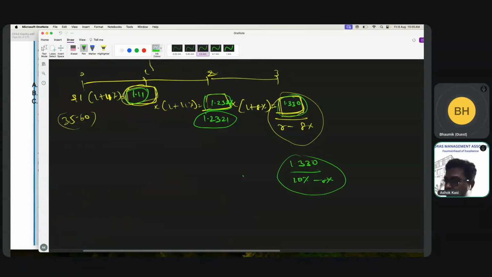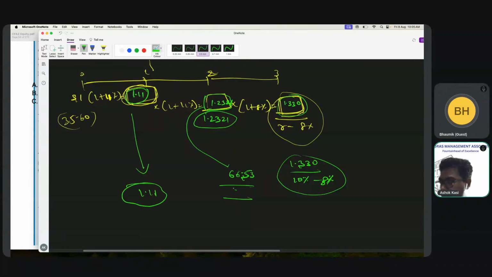Calculate this amount. 66.53. Okay. And then this two amount total. I have to add both of those, na, 66.53 and 1, 1.2321.